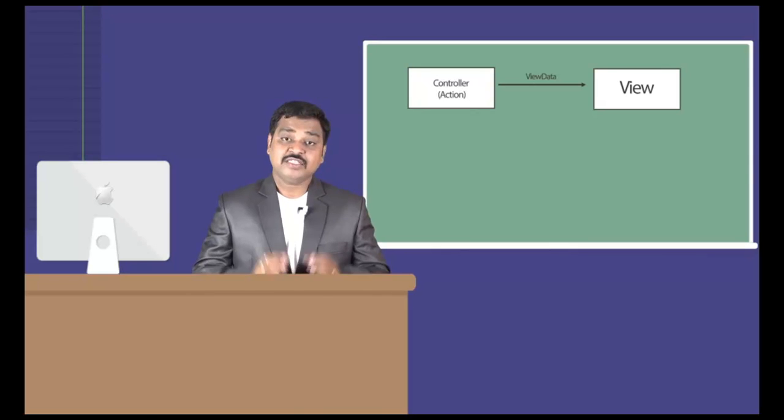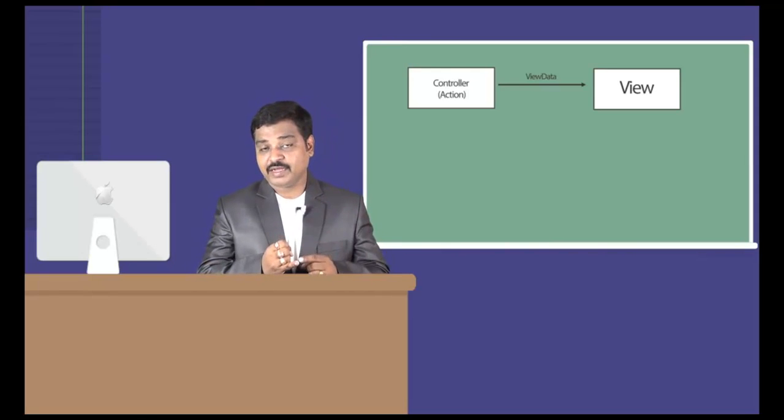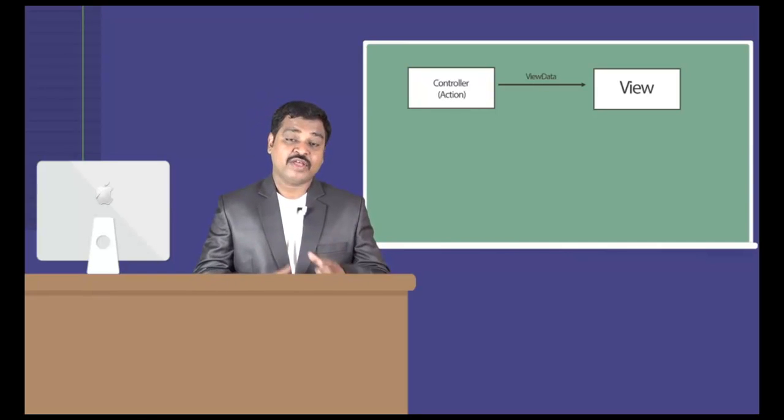ViewData is an object which is based on the ViewData dictionary, and whenever we use ViewData, we use an array-like structure for accessing the information. So if I use ViewData, we have to typecast to extract the value.